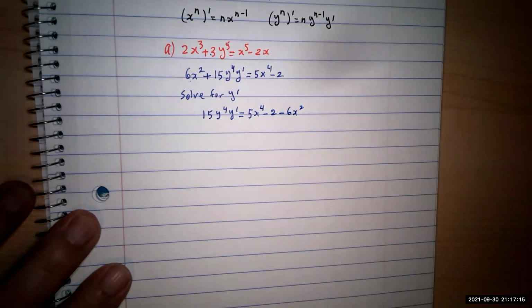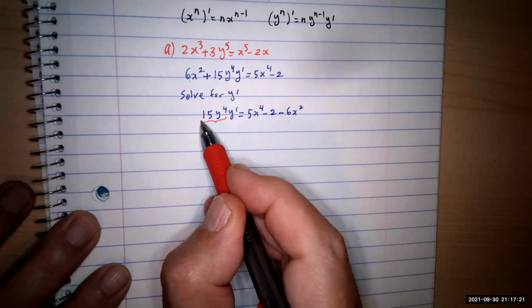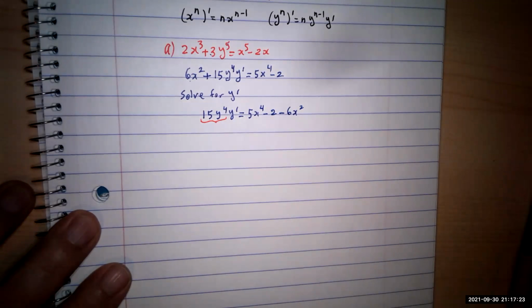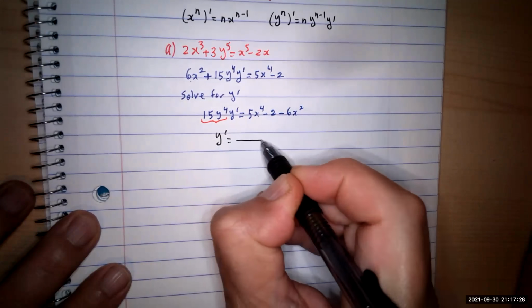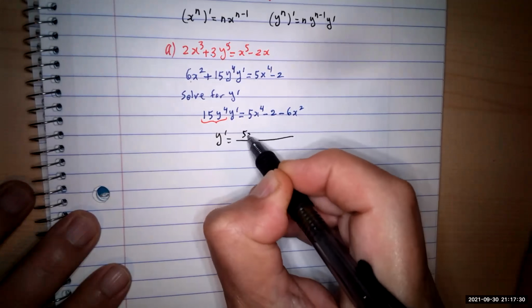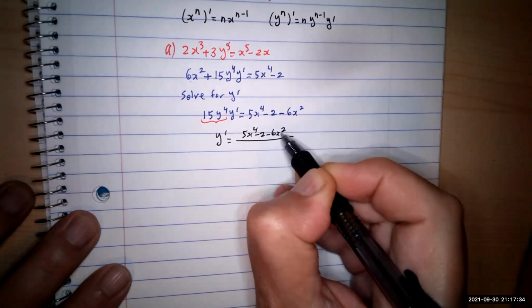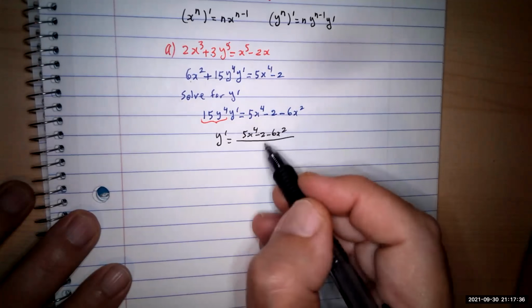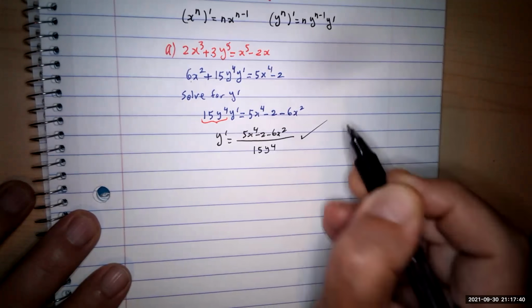Then to find y prime, you divide by the coefficient of y prime, which is 15y to the fourth. So y prime would be 5x to the fourth minus 2 minus 6x squared, divided by 15y to the fourth. And you're done.